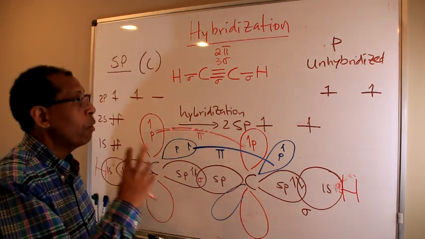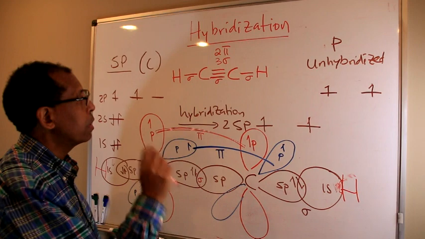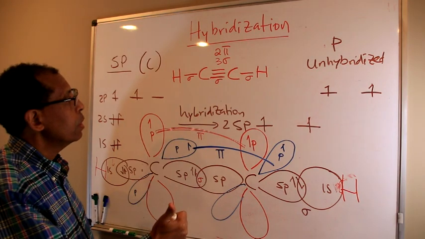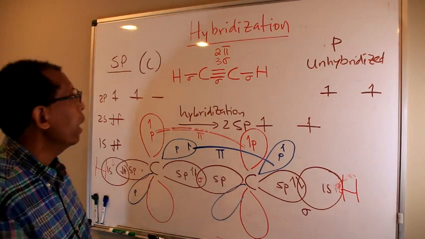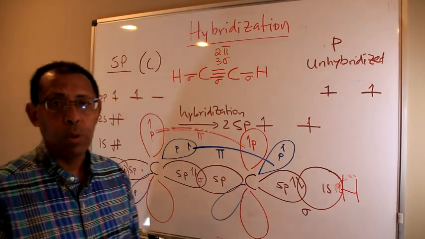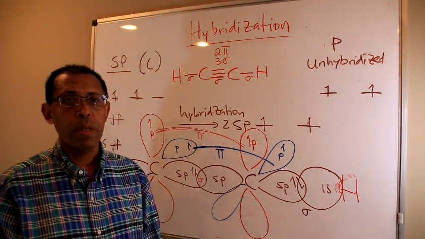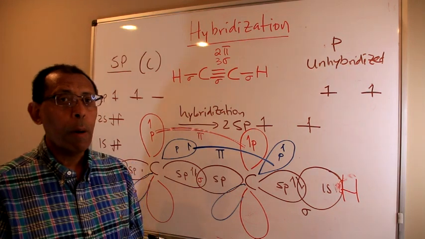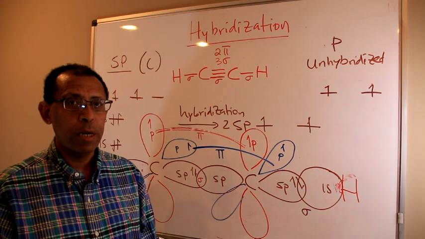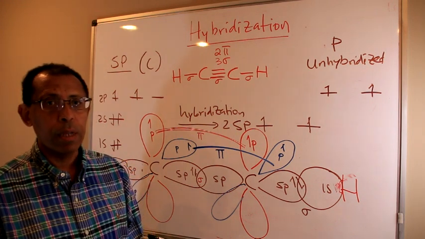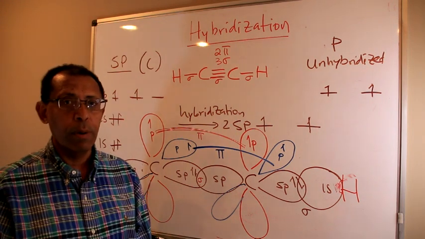Now, so far we have studied a single bond, a double bond, and a triple bond, and they are made through hybrid orbitals. Next we see properties of the triple bonds, double bonds, and also single bonds in terms of bond length and bond angle.